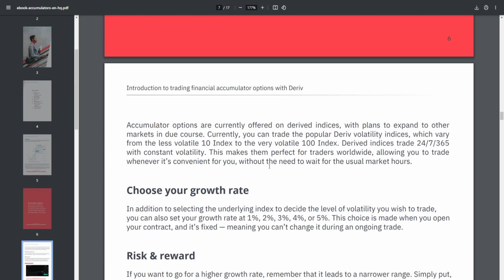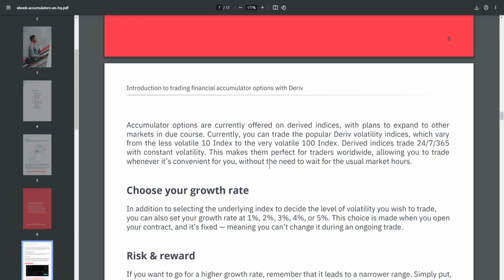All right. Now, currently you can trade the popular Deriv volatility indices, the one I usually advise most of you to do. Okay, volatility indices are the best indices you can major in. Okay, so currently you can trade the popular Deriv volatility indices, which vary from the less volatile 10 index to the very volatile 100 index.